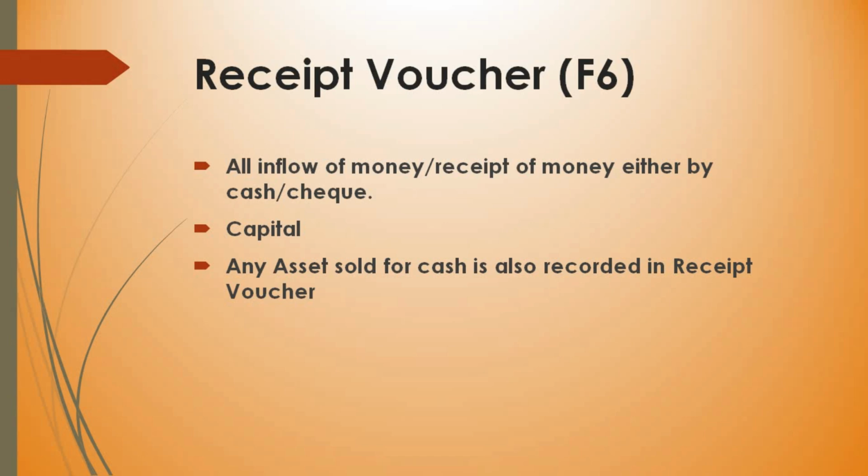So the three places where you're using receipt voucher are income earned either by cash or check, the other one is capital, and any asset sold for cash. Got it? So let's see with example.